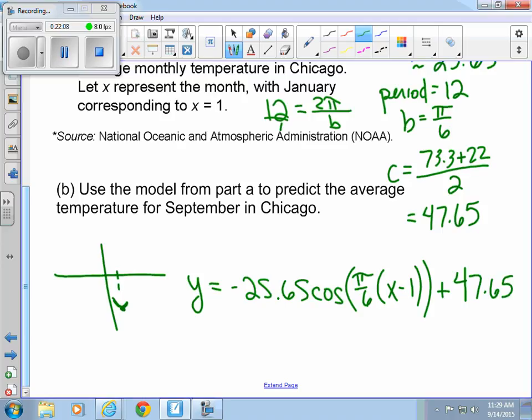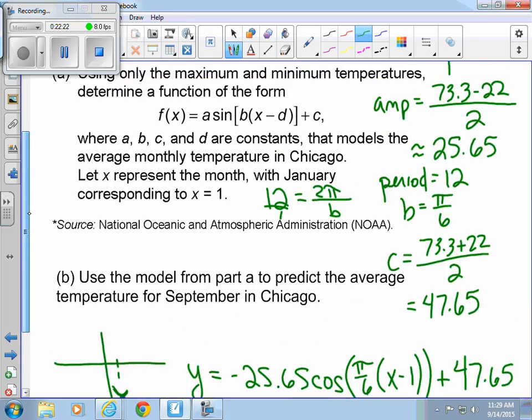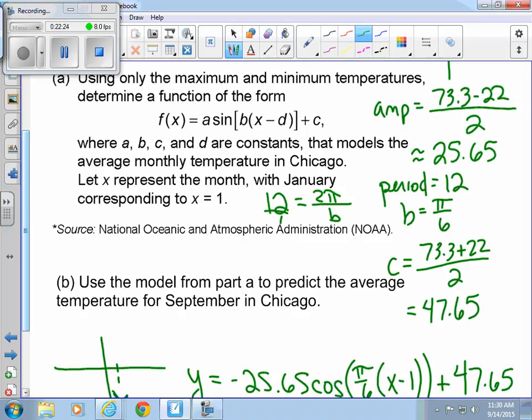Because I will never specifically ask you to find a sine function. If you can ever do that in your head, do it. It's the easiest way to make a trig function that models it. However, they did specifically ask me to use a sine function. And that would be very tricky to figure out where that crossed the x-axis. Does everyone agree? So this becomes a problem that I'm going to have to use some algebra on.